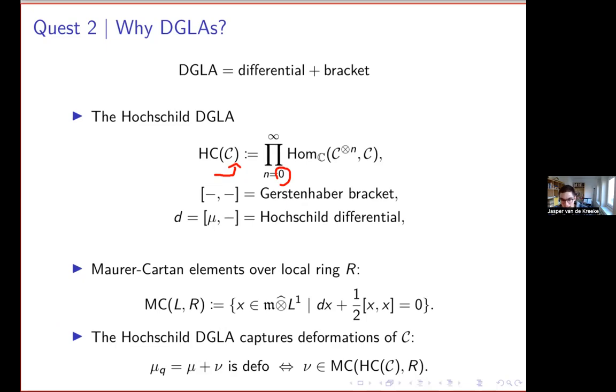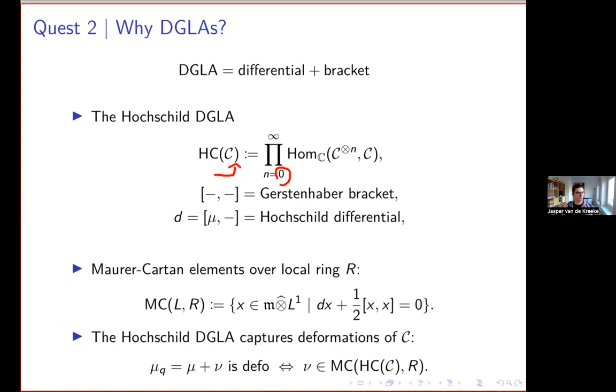Okay, so if L is a DGLA, you can look at the set of Maurer-Cartan elements over a local ring R. If R is a local ring, you can take the maximal ideal. You can look at all degree 1 elements, infinitesimal degree 1 elements, which satisfy the Maurer-Cartan equation. We call this set MC(L) over R. Why are Maurer-Cartan elements important?